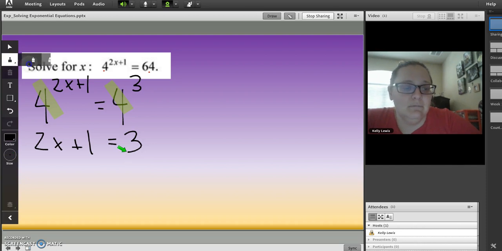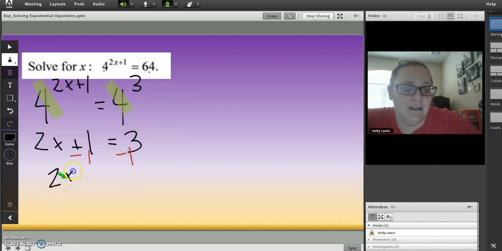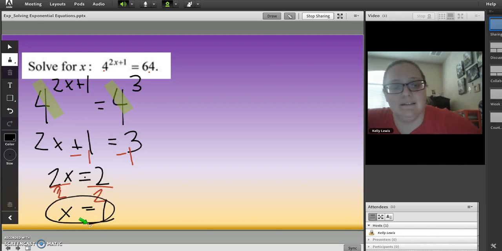I'm going to subtract 1, so I get 2x equals 2. I'm going to divide by 2, and so I get x equals 1. Which makes sense: 2 times 1 is 2, plus 1 is 3. 4 to the third power, 64.